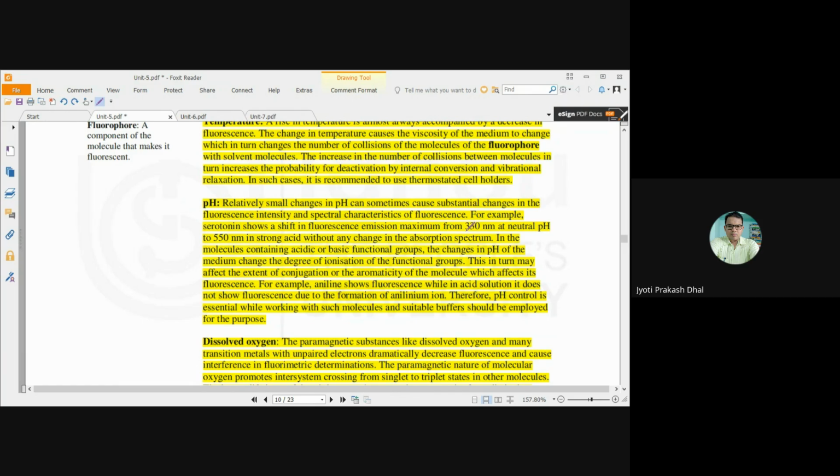At neutral pH it shows a fluorescence emission at 330 nanometer, and if the medium becomes strongly acidic, its fluorescence emission maximum will shift from 330 nanometer at neutral pH to 550 nanometer in strongly acidic medium, without change in the absorption spectrum.